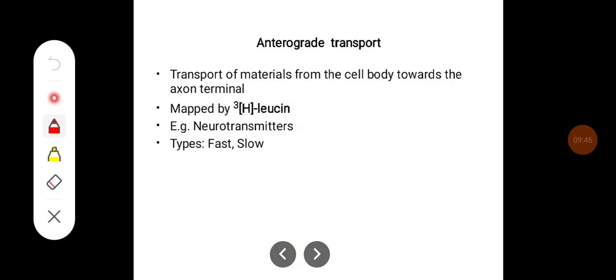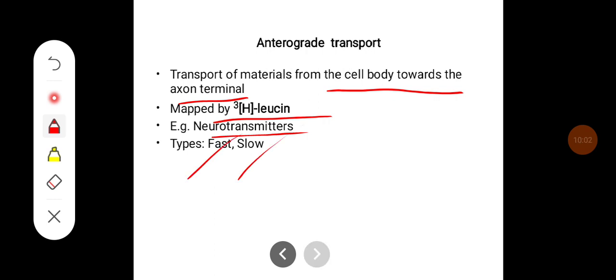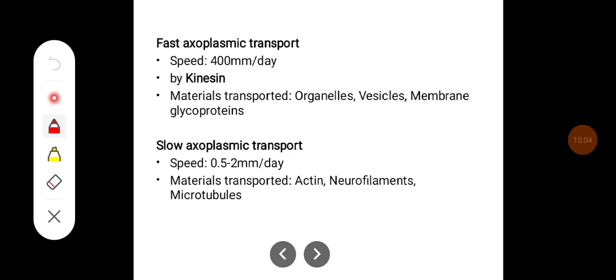Anterograde transport transports materials from the cell body towards the axon terminal. They can be mapped by H-leucine, for example, neurotransmitters. There can be fast anterograde transport or slow anterograde transport. Fast axoplasmic transport has a speed of around 400 millimeters per day, mediated by the microtubules and kinesin.